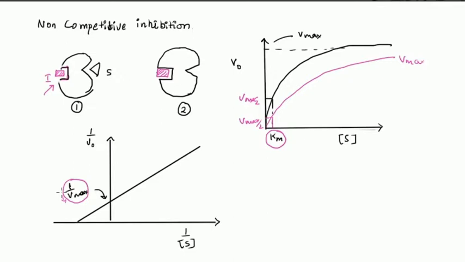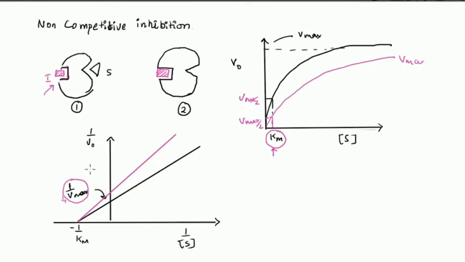But the Km remains constant. The Michaelis constant is the same both without the inhibitor and with the inhibitor. So if this was my minus 1 by Km, this would remain constant for both, but the Vmax would decrease, and hence in this plot 1 by Vmax would increase.